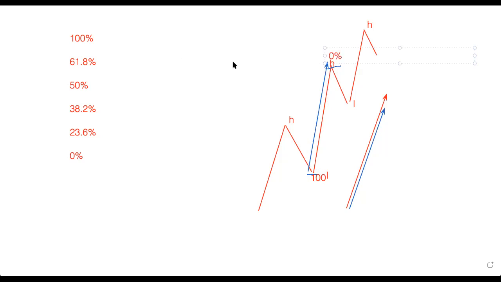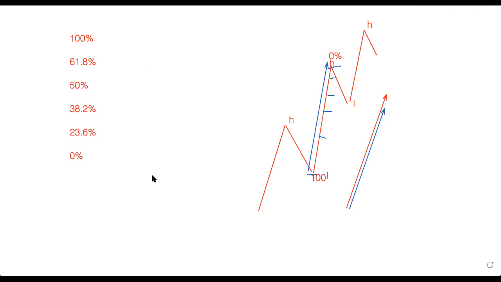Now, what you see happening is your 0% level will be here, your 23% level may be somewhere here, and then your 38.2 level here, your 50% level here, then your 61.8 level somewhere here. This is how your Fibonacci would be looking like. So please take note of that.